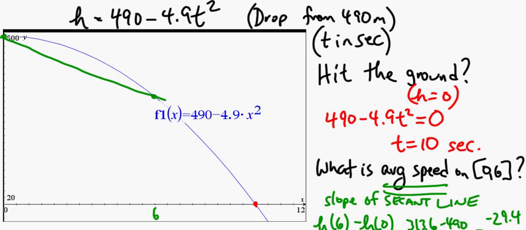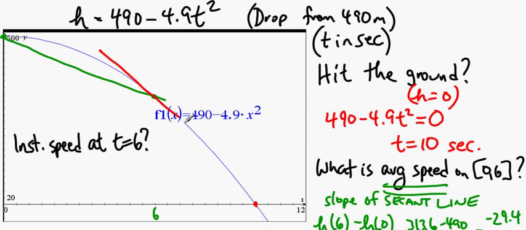And if I want to know exactly how fast that ball is going, I want the instantaneous speed at time equals 6. The instantaneous speed. And to get an instantaneous speed, I have to draw not a secant line, but what we call in the business a tangent line. A line that ever so gently kisses the curve just once.